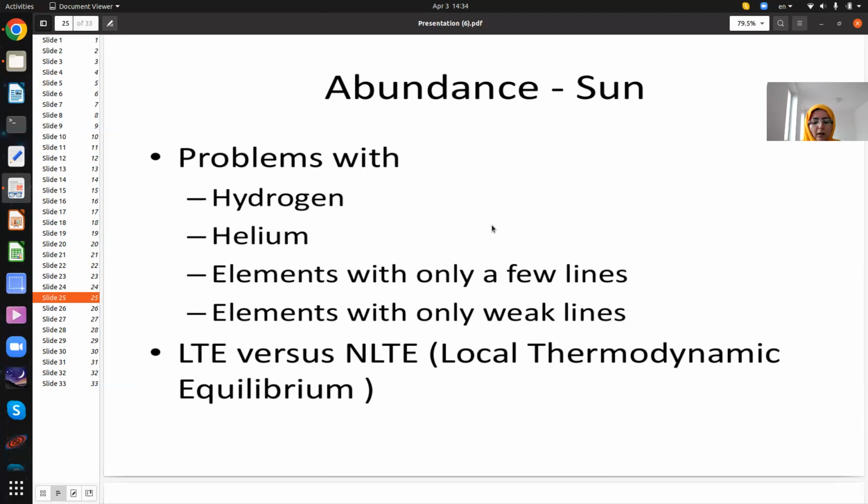The atomic level of hydrogen in the sun is saturated. The shape and depth of the hydrogen line do not change with the absolute abundance of hydrogen. So with Balmer and Paschen lines, we cannot determine the amount of hydrogen. And for helium, there is no helium line in the solar spectrum. The more and stronger lines we have, the better we can estimate the abundance.